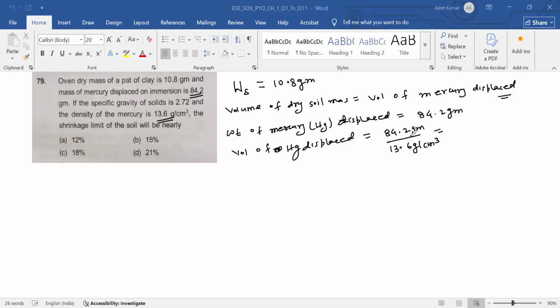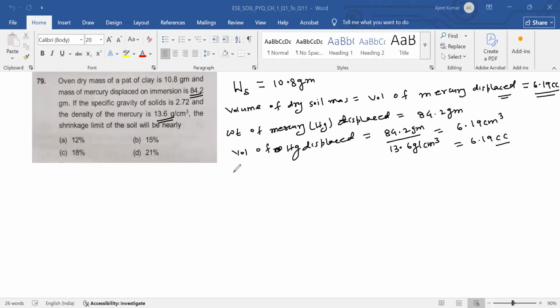If you calculate this ratio, you will find 6.19 cc. So the volume of dry soil mass is equal to the volume of mercury displaced, which is 6.19 cc.